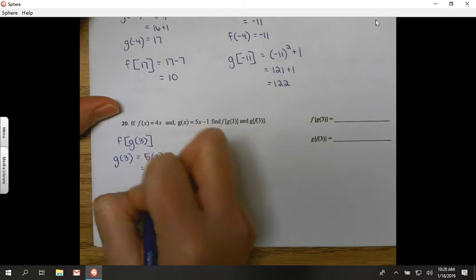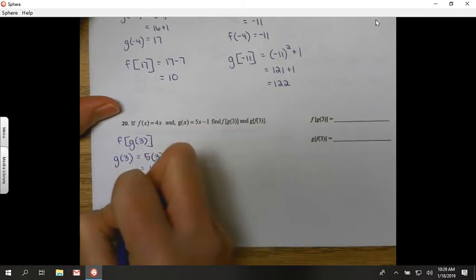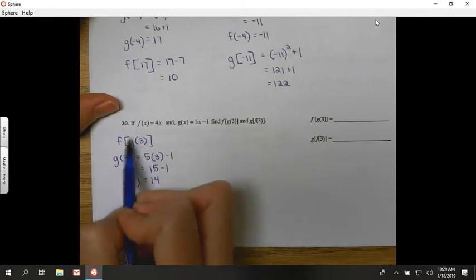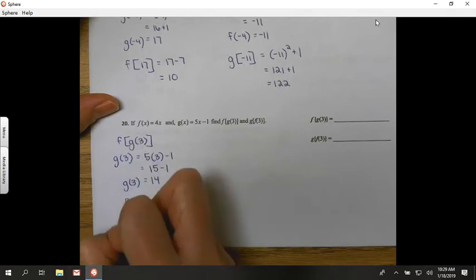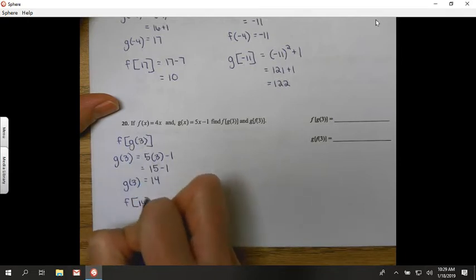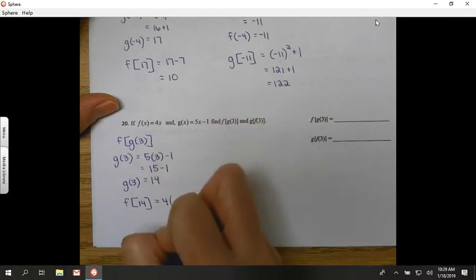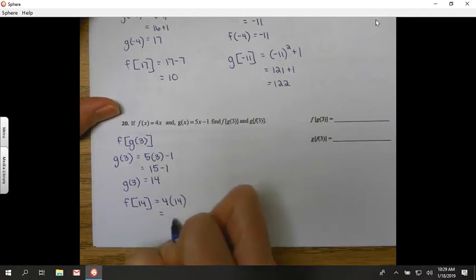So I get 5 times 3, which is 15, and then minus 1. So g of 3 is actually equal to 14. So I'm going to go back up here, and I'm going to replace this g of 3 with 14. So I end up with f of 14. So I'm going to go to my function f and replace x with a 14. So I end up with 56.